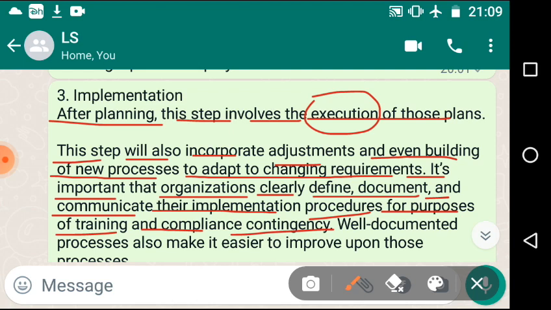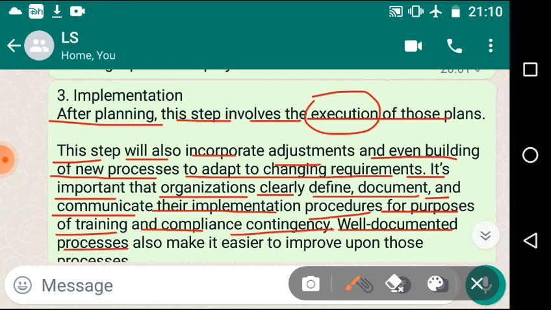So it means in future also we have to follow that, based on the situations.